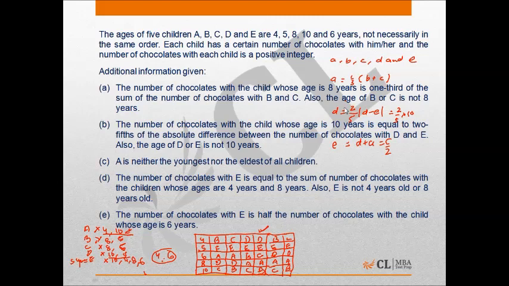In fact, this is not D but B. So from here, B comes out to be 4. And after solving the equations that we have found so far, we can get the value of A as 10, just by solving the equations.